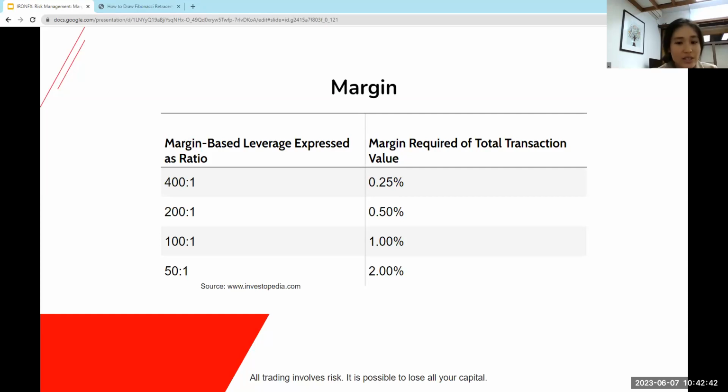The margin required would be 1,000 USD. So therefore, your margin-based leverage will be 100 to 1, or 100,000 divided by 1,000. Okay, so for a margin requirement of just 0.25%, then the margin-based leverage will be 400 to 1 using the same formula.